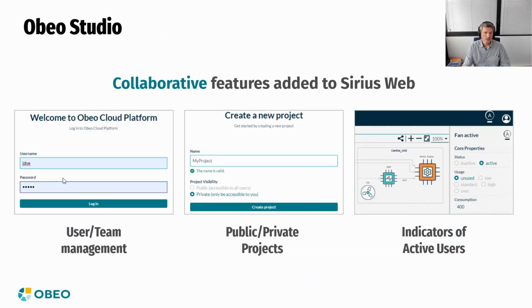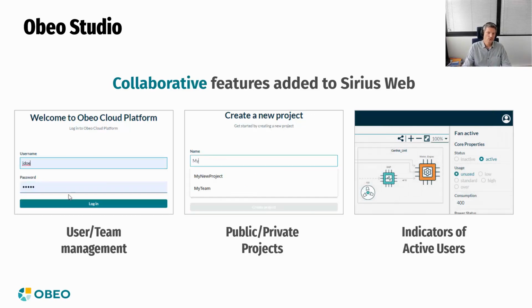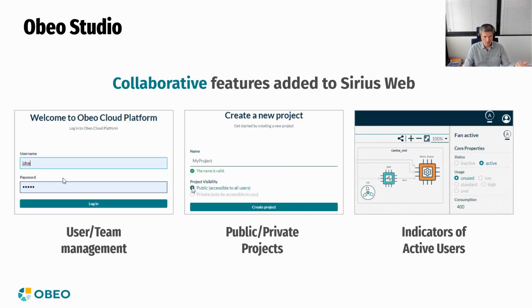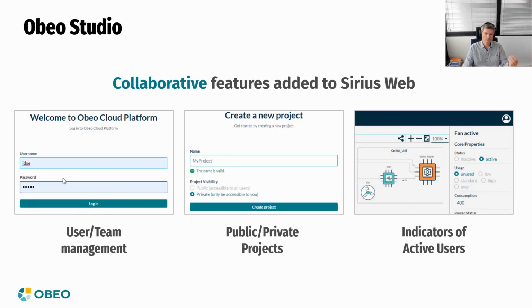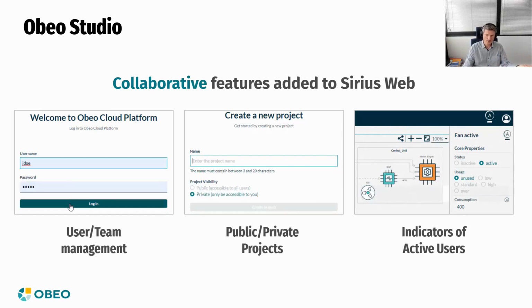In Obeo Studio, the main features are focused on the collaborative approach. So you have user and team management with LDAP support, with authorizations. You can select if your project is private or public. You can give a different level of access to your team, to specific users.